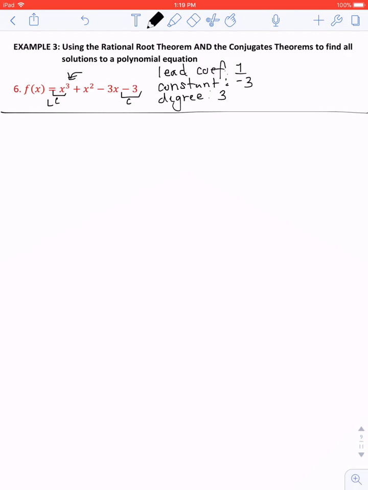So, because I'm told specifically to use the rational roots theorem, I'm going to use that 4-step process. So, step 1. Step 1, we're going to list possible rational roots.